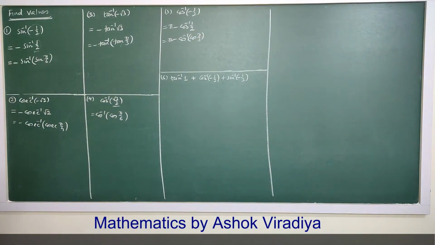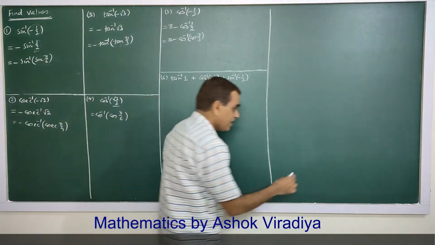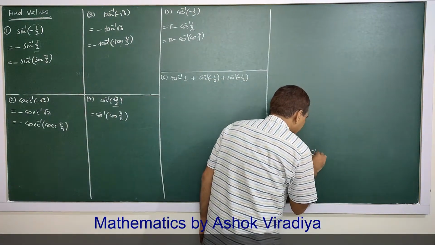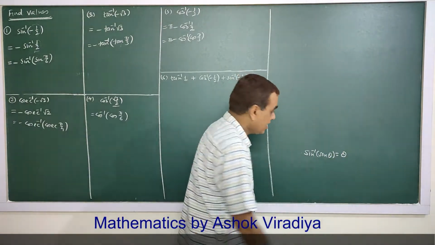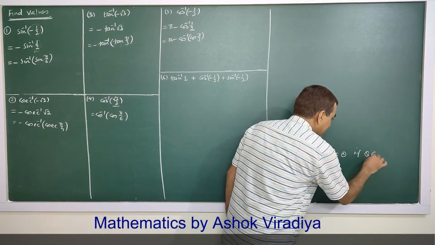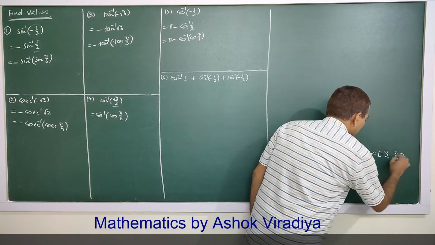So doing this procedure, now it is sine inverse sine theta. Sine inverse sine theta is theta if theta belongs to the closed interval minus pi by 2 to pi by 2.